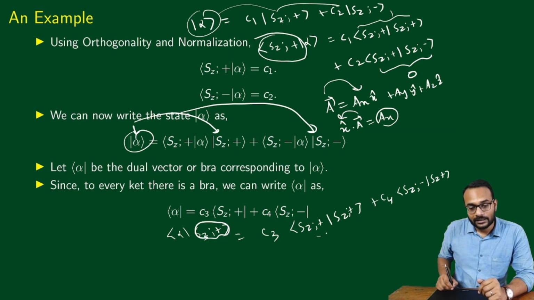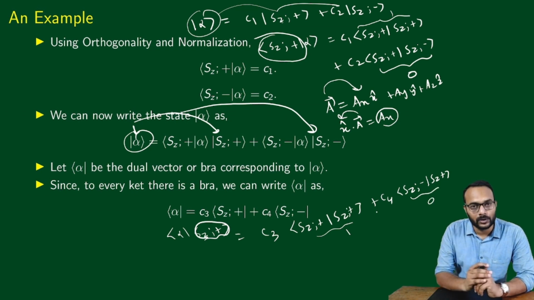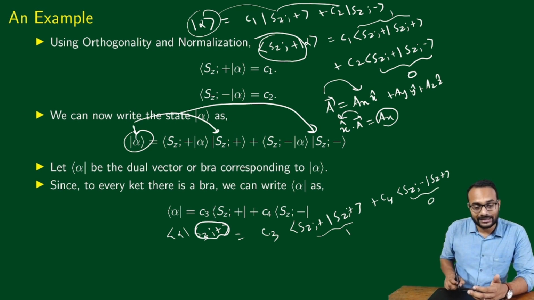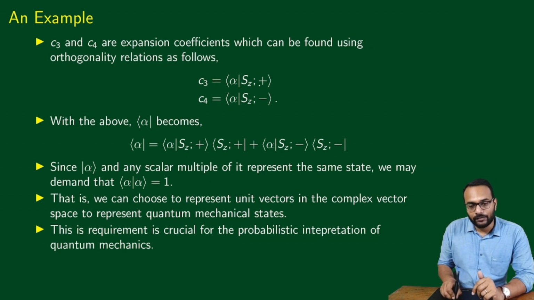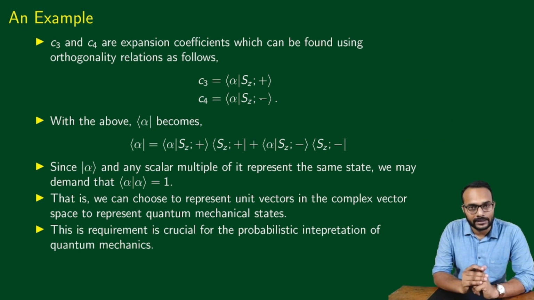What do I get here? The first is 1 because we had already used normalized base vectors. The second is equal to 0 because of orthogonality. So I get C3 equal to bracket ⟨α|Sz+⟩, and similarly C4 is bracket ⟨α|Sz−⟩.